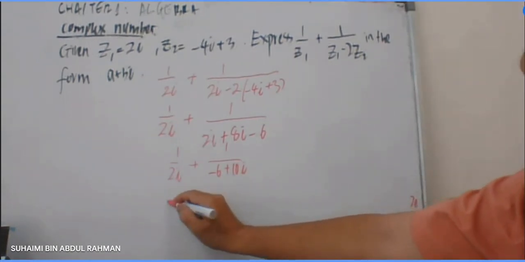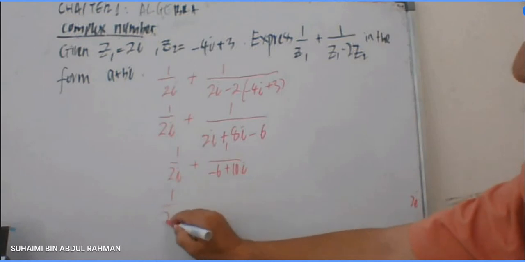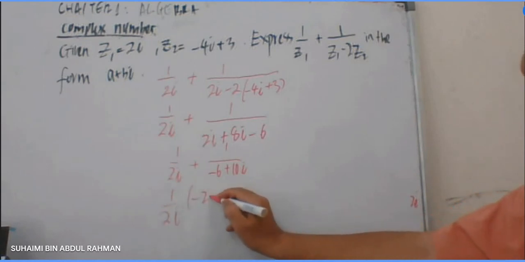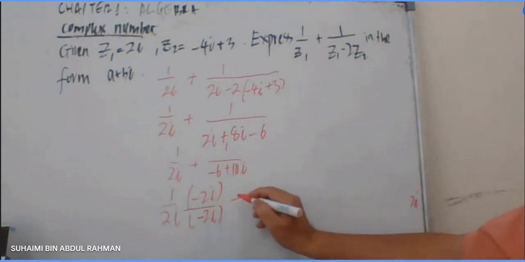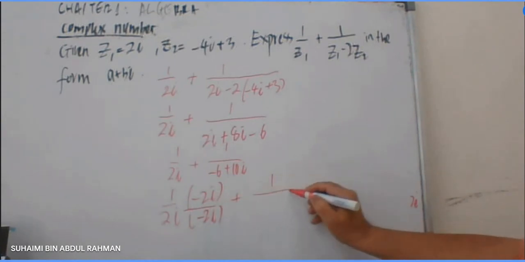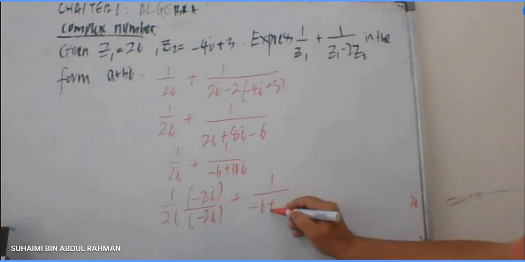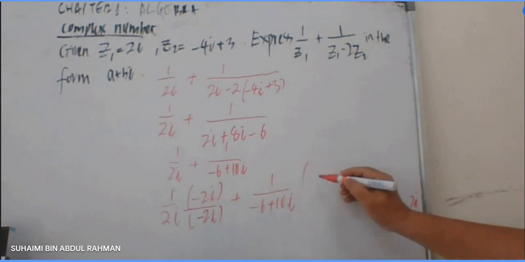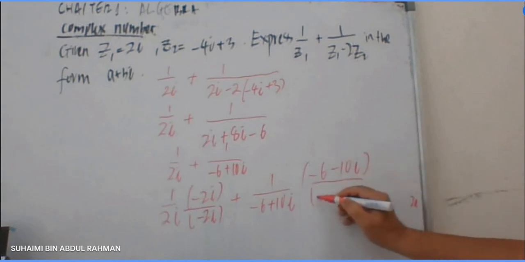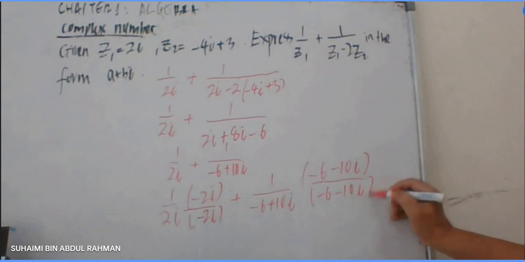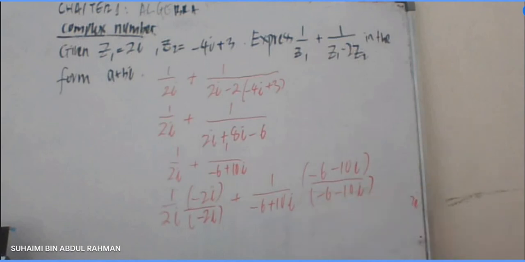1 over 2i multiplied by minus 2i over minus 2i, plus 1 over minus 6 plus 10i multiplied by minus 6 minus 10i over minus 6 minus 10i. The conjugate of minus 6 plus 10i is minus 6 minus 10i.